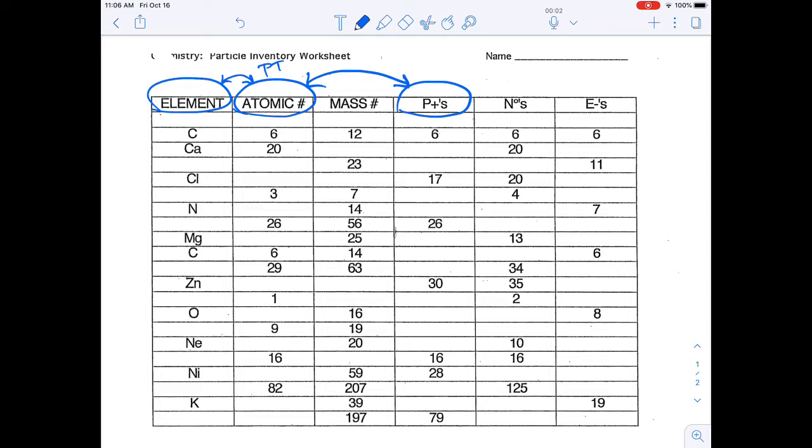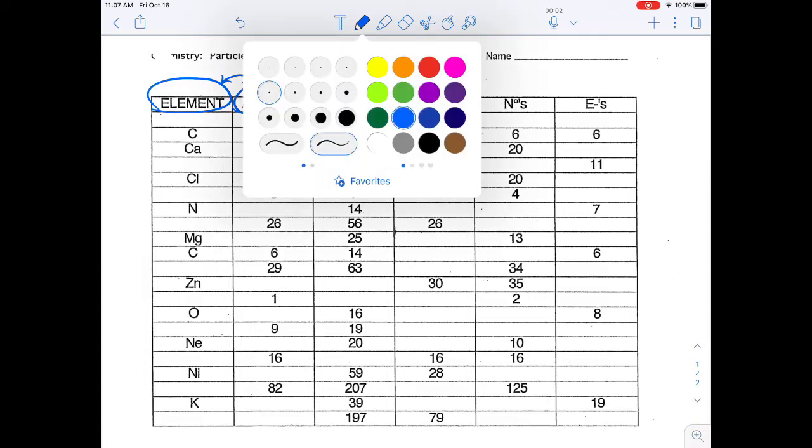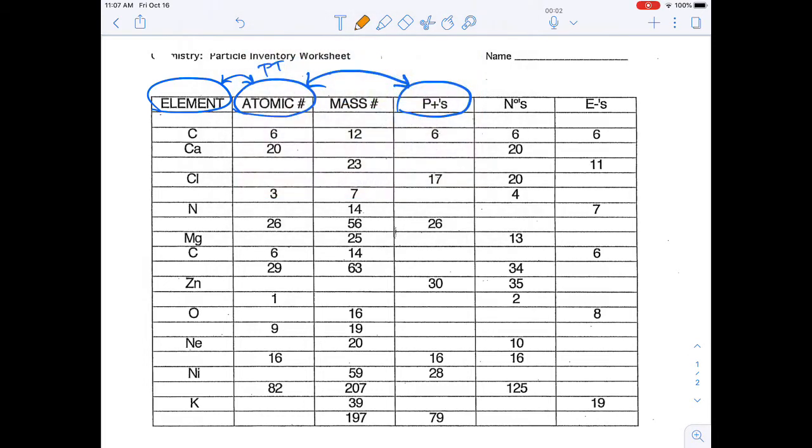And for this particular exercise, we're assuming these are all neutral atoms. And when you're neutral atoms, that means that the protons and electrons are going to be the same quantity also.